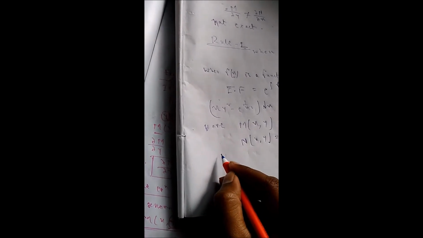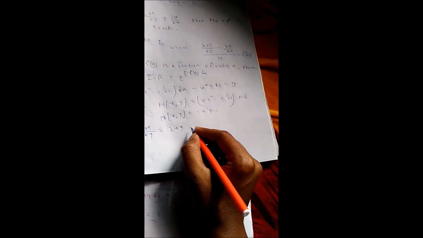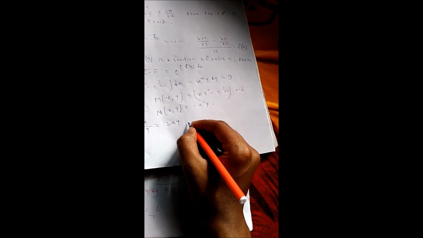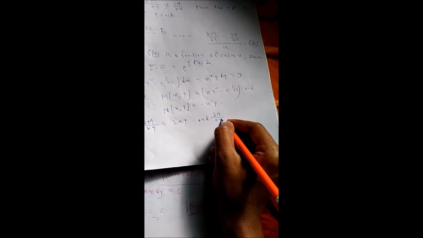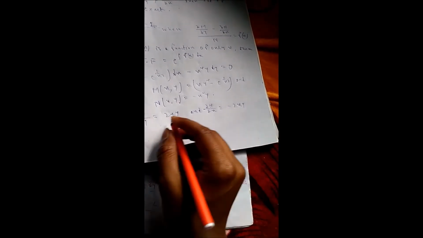Now del M by del y is equal to 2xy, and del N by del x is equal to minus 2xy.